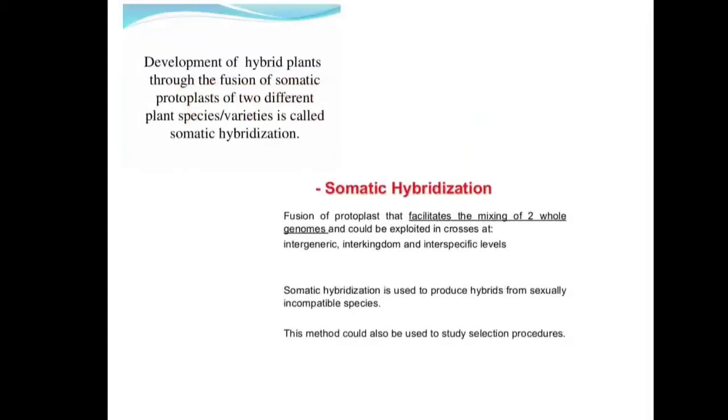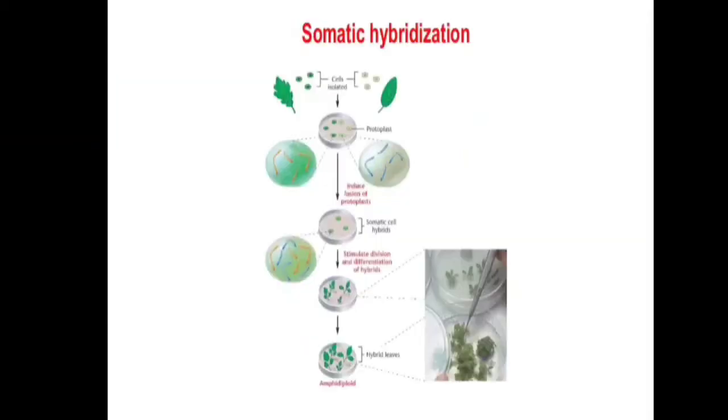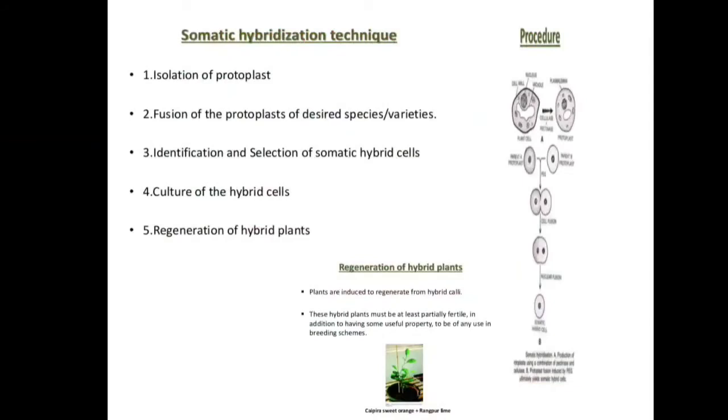This somatic hybridization involves four main steps: isolation of the protoplast, fusion of the protoplast, selection of the somatic hybridized cells, then culture of the hybrid cells, and lastly regeneration of the hybrid plant from them.